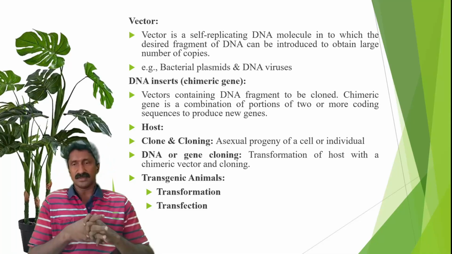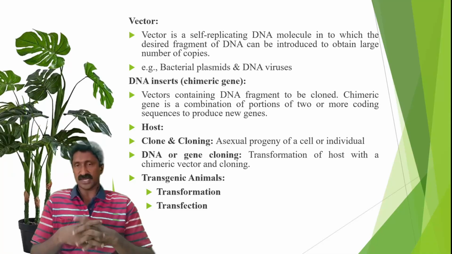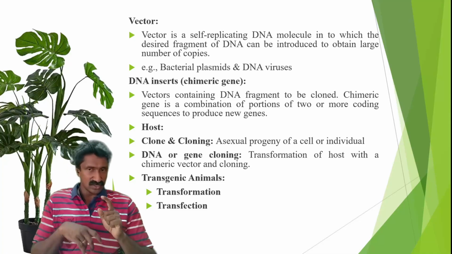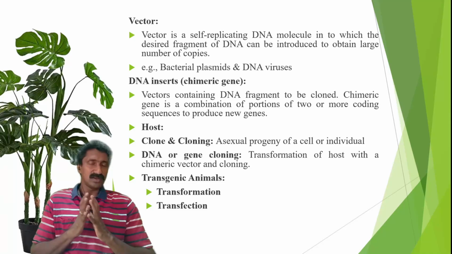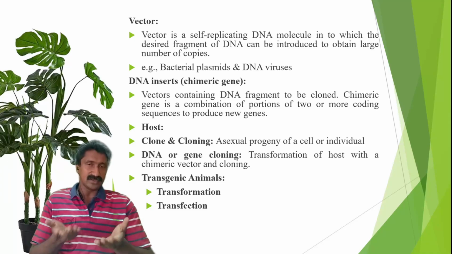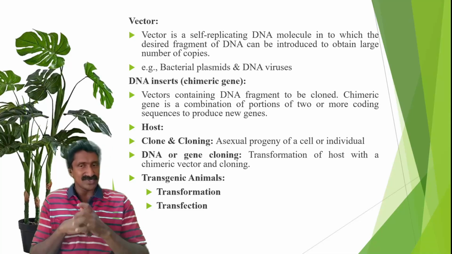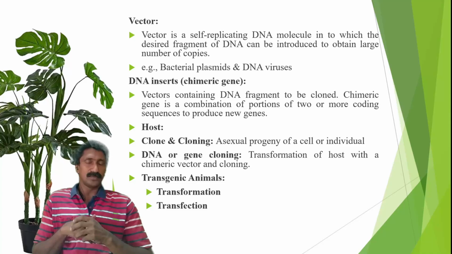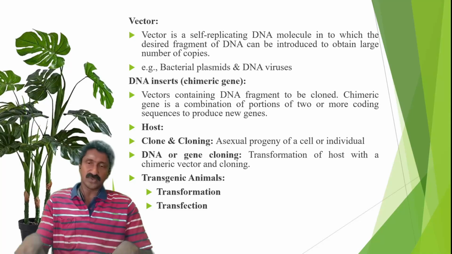There are some differences in the terms used in the case of animals, for example, transgenic animals. The transformation in prokaryotes is basically the uptake of naked DNA, just like that of the pneumococcus. But the transformation in animal cells is quite different from prokaryotic transformation. The transformation in animal cells is actually the conversion of the normal cell into a transformed cancerous cell.